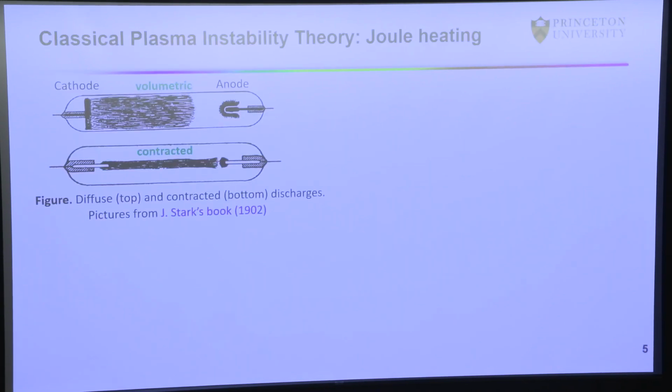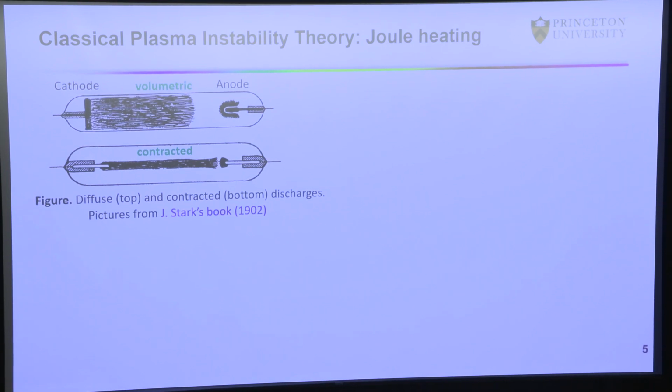All right. In the old days, plasma physicists built this kind of vacuum tube. They have an anode and some kind of mercury. They discharge the plasma, and the plasma becomes very volumetric. But at a certain condition, the plasma suddenly contracts into a very skinny arc.